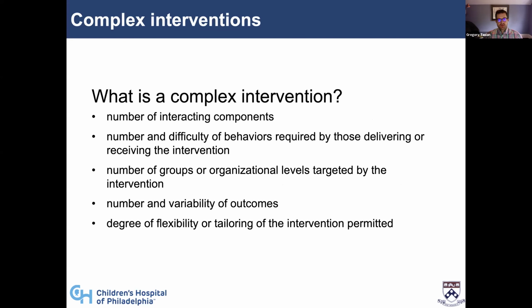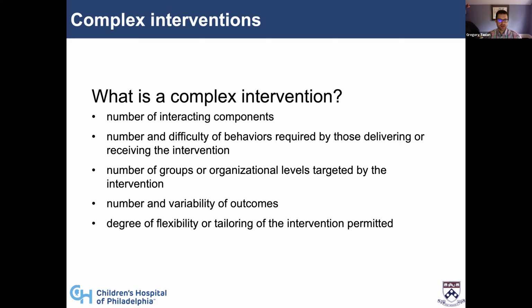So I think it's important to start with a definition, or at least a construct for a complex intervention. A complex intervention can be somewhat difficult to define in that there's not a single definition or characteristic of a complex intervention. Rather, it's defined by the constellation and consideration of a number of different factors.